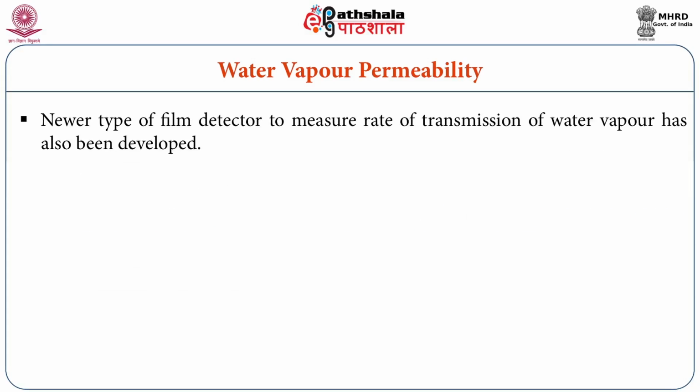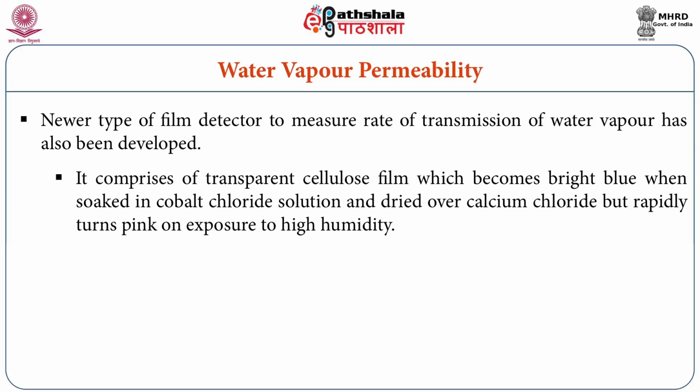A newer type of film detector to measure the rate of transmission of water vapor has also been developed. It comprises a transparent cellulose film which becomes bright blue when soaked in cobalt chloride solution and dried over calcium chloride, but rapidly turns pink on exposure to high humidity.